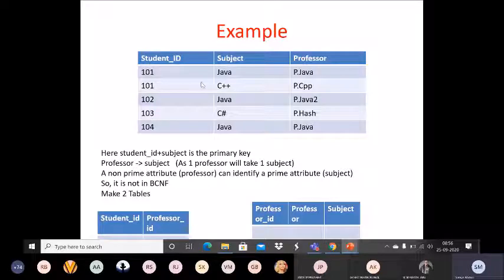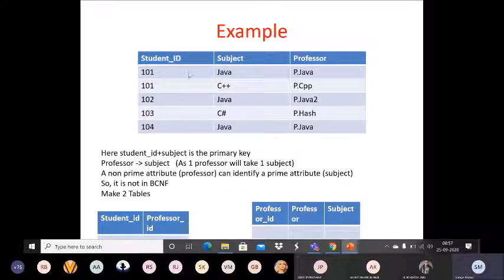No problem. Student ID 101, subject Java, student ID 101, subject C++, and so on. And in the subject and professor table, you will write Java, Professor Java, Java, Professor Java 2. Now think about how you will distinguish one unique row.